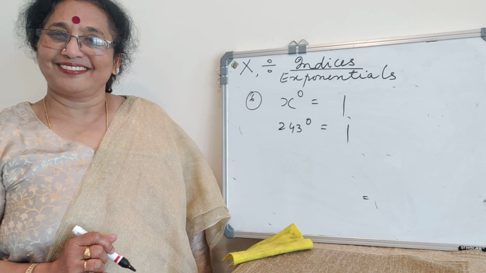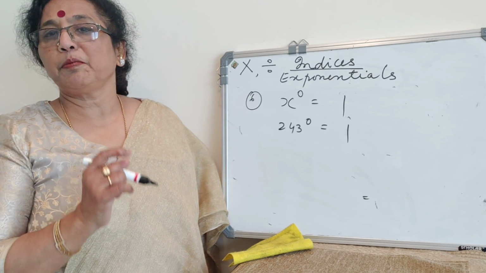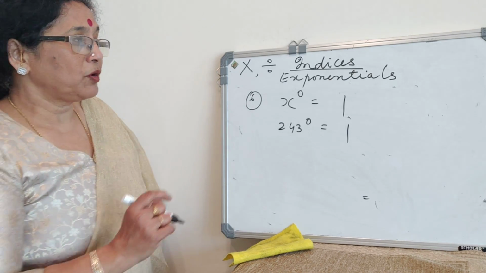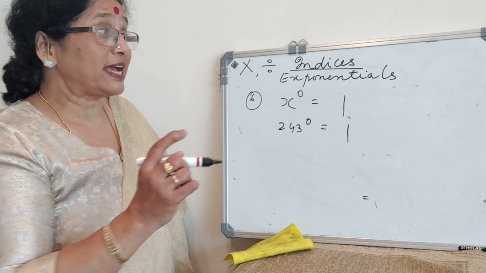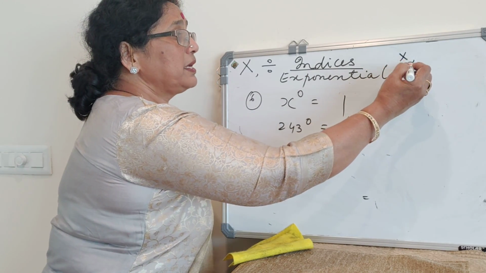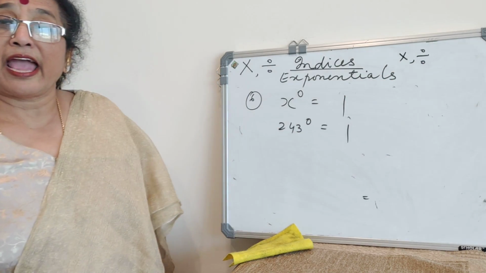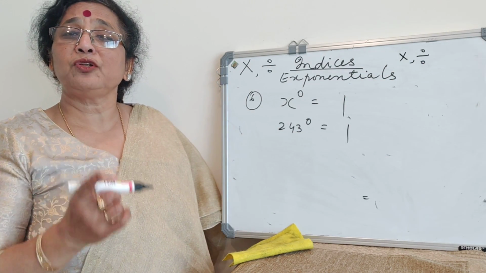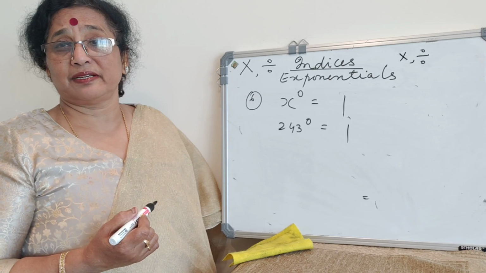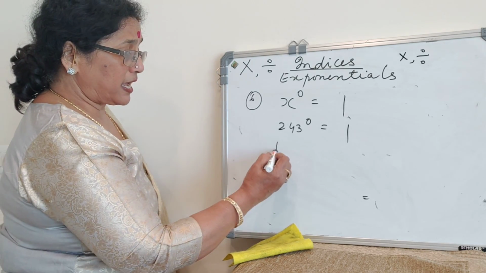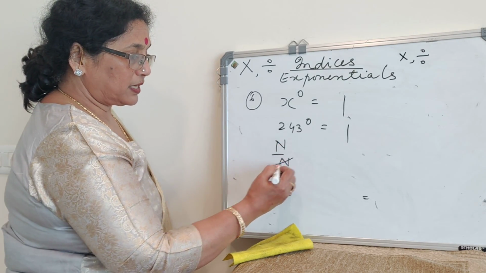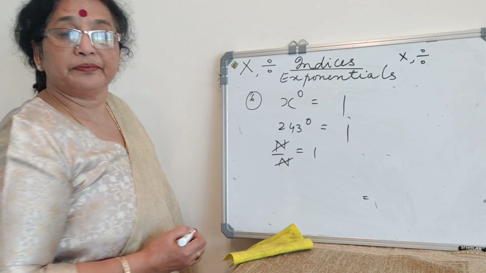Now why? I am going to explain to you why. Many people do not know why. Because we know that indices are only for multiplication and division. And 1 is the result of dividing two same numbers, right? Whether you take n by n, we cut it, we get 1.